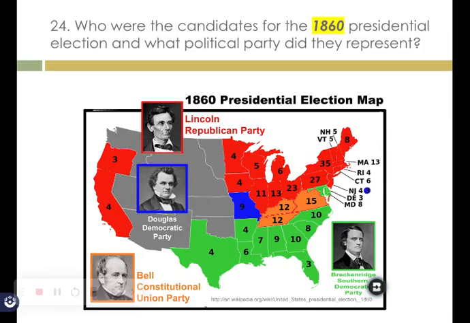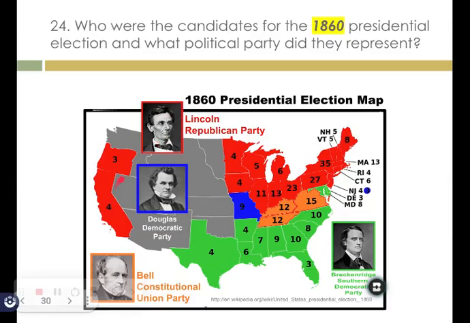1860 is very, very unique because there were 4 candidates running for president. And whenever you have 4 candidates running for president, it's very difficult for one single candidate to win the majority of electoral votes, because how is one person out of 4 actually going to get over 50%? So here are the four candidates. You have Abraham Lincoln representing the Republican Party.